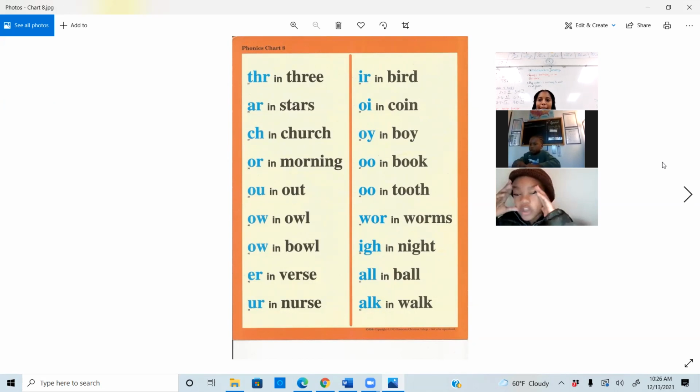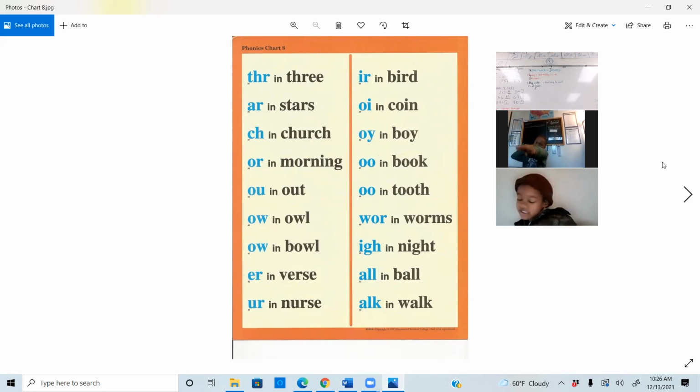IR says ir, and bird. OI says oi, and boy. OY says oi, and boy. O says oo, and ooh. OR says or, Lord, word.